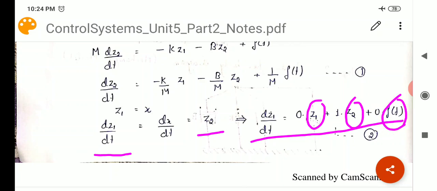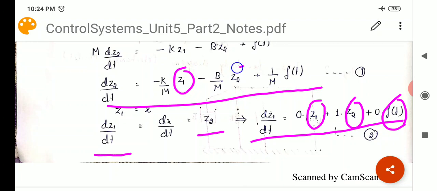If you observe the first equation, here also we have first the z1 coefficient, then the z2 coefficient, then f of t. So whatever equilibrium equations or mechanical model related equations you have, rearrange them in the proper order. First write the coefficients of all the state variables in order, like z1, z2, and if there are 4 state variables, z1, z2, z3, z4.